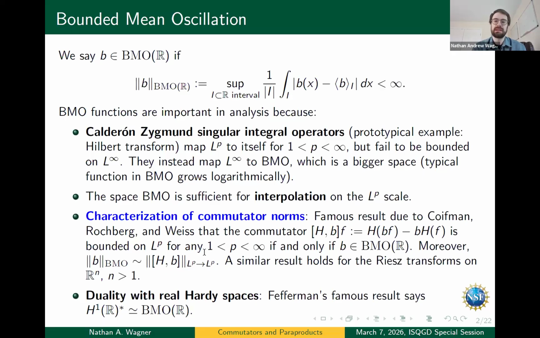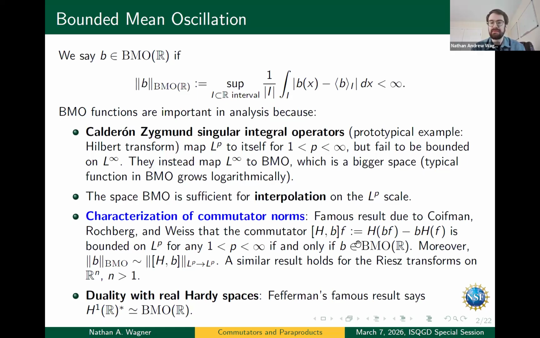The key property of BMO that's really going to be relevant for this talk is its utility in characterizing commutator norms. So there's this celebrated result that goes back to the 70s due to Coifman, Rochberg, and Weiss that the commutator of the Hilbert transform with multiplication by a measurable function b is bounded on L^p if and only if b belongs to BMO.